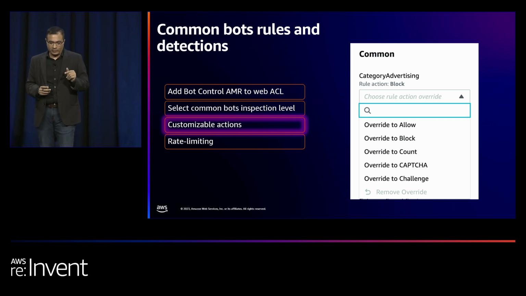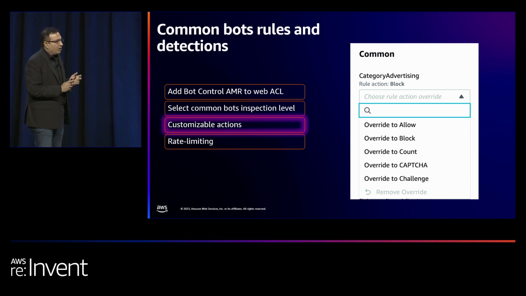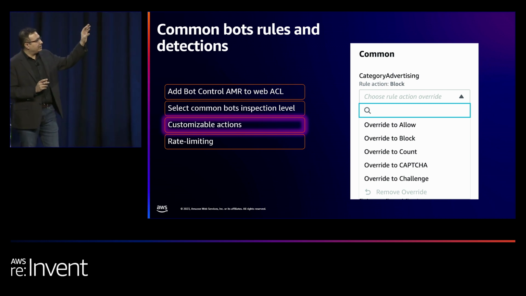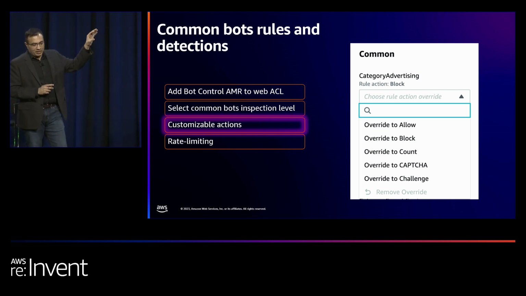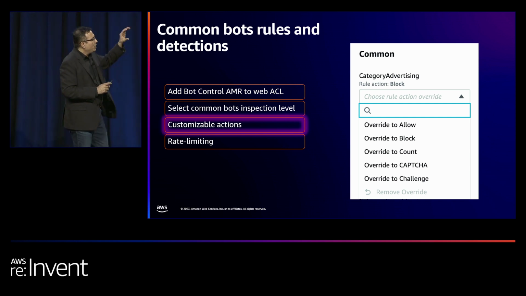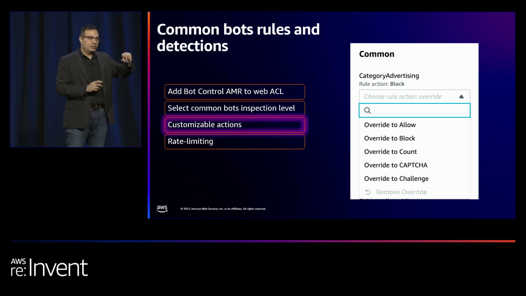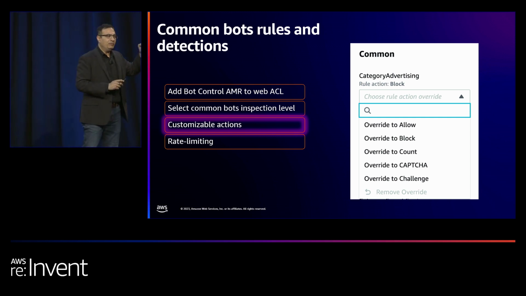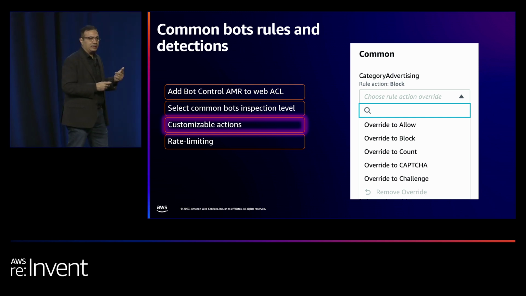The count is an interesting one, so I'm going to call attention to this. When AWS WAF sets a rule in count mode, it is going to count the number of requests and also create labels for those requests as it counts the request. So this is a very good mechanism when you start playing with AWS WAF and especially bot control.